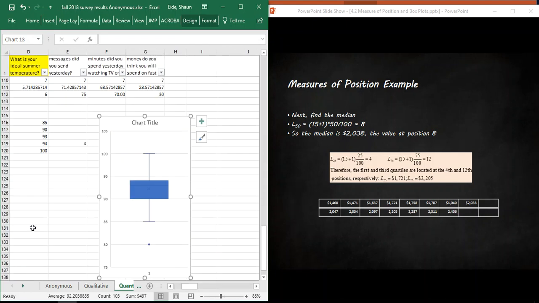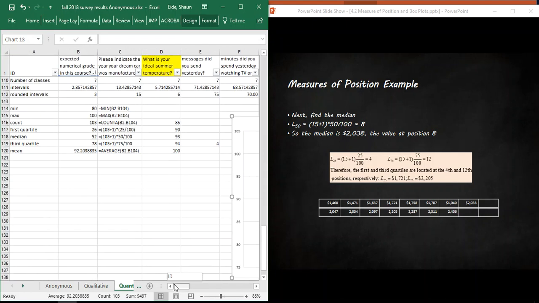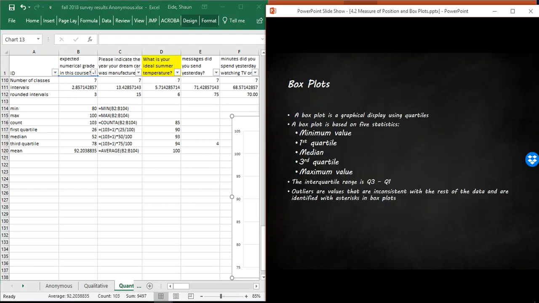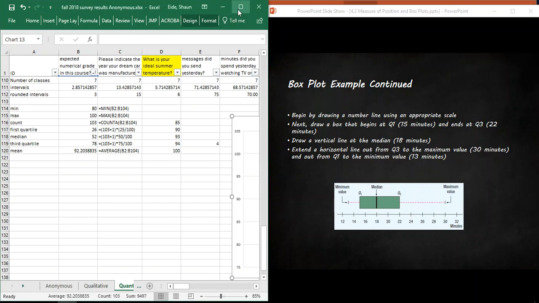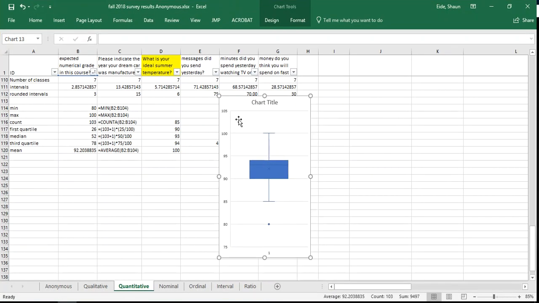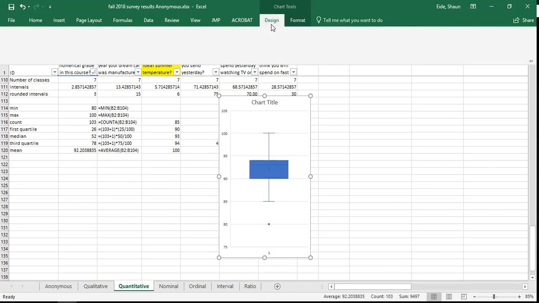And then let's scoot back in here. Okay, so you can see right here that, and I'm going to do one more thing.